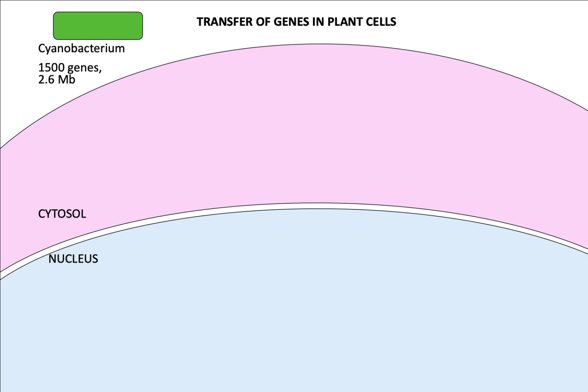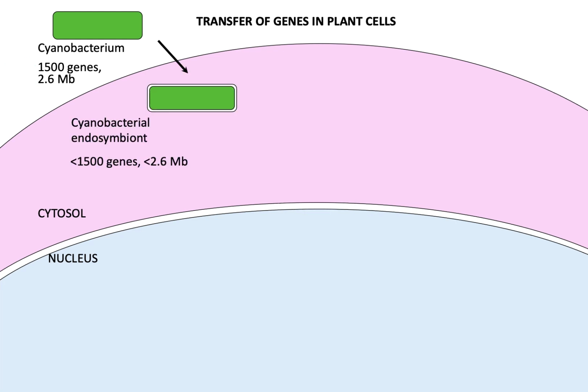About 1.9 billion years ago, you had a cyanobacterium probably living next to a protist cell. So they probably already had formed a mutualistic relationship where they were helping each other, essentially. The cyanobacterium would have had somewhere around 2.5 million base pairs of DNA and 1,500 genes that it could bring into this cell.